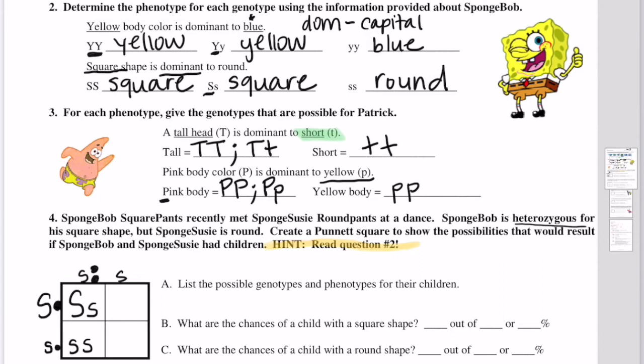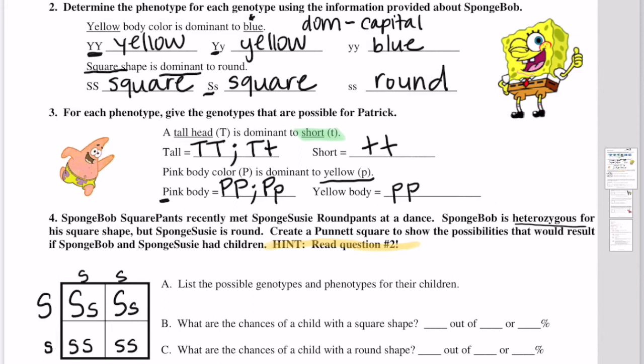Again, you're going to be multiplying whatever is on the row, so whatever is horizontal, and then multiplying it by whatever is vertical, whatever the vertical column is. So if we take a look at that, we would have big S, little s, and little s, little s. When you are multiplying and you have a capital letter and a lowercase letter, you're always going to write the capital letter first. That's just a rule that we need to remember.